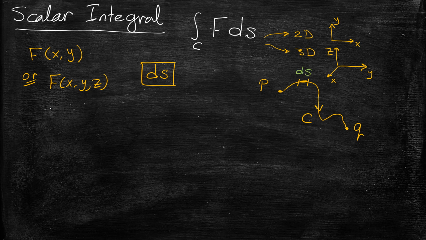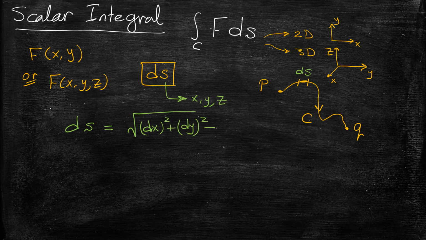If we are speaking about x, y, z generally, then ds will be the square root of dx squared plus dy squared plus dz squared.